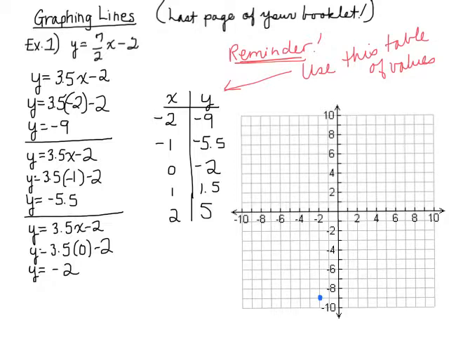Then we've got -1, so we do our X first, -1, and it says -5.5. So it's going to be around here, -5.5. I'm going to put our point in there. Zero, we're not going anywhere on the X coordinates, and this one says -2, so we're going down -2, and this is where we're putting our point.